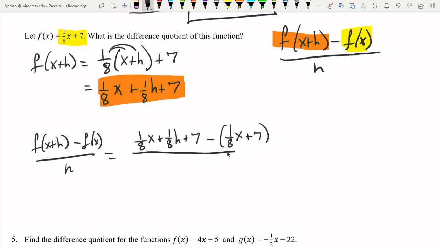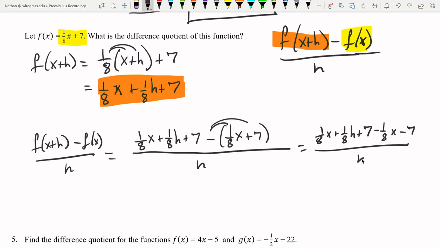You can see I put that in parentheses because I need to distribute the negative. Distributing the negative gives me this statement. And now I can combine like terms.